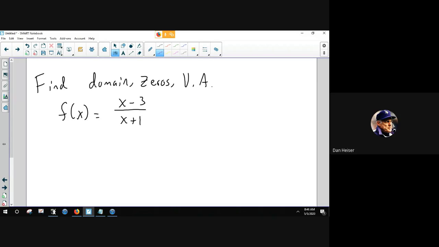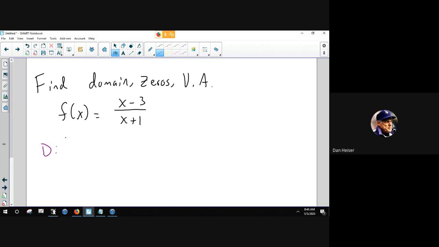Starting with the domain. I have a rational function here. Rational function. So that means I'm going to have some sort of domain restriction. And I see that -1 cannot be used.